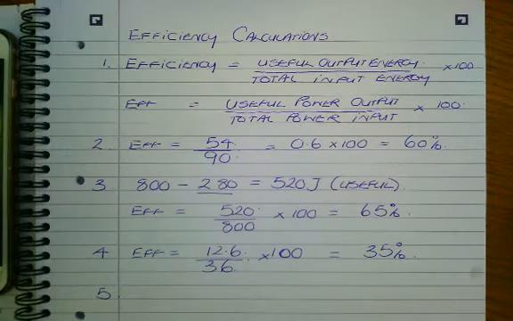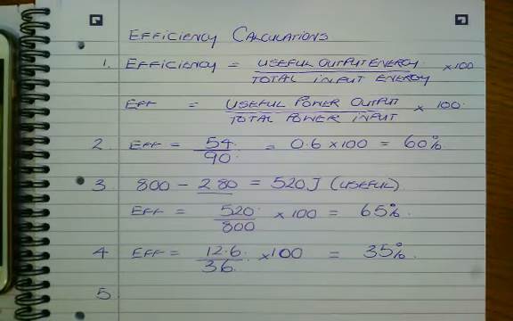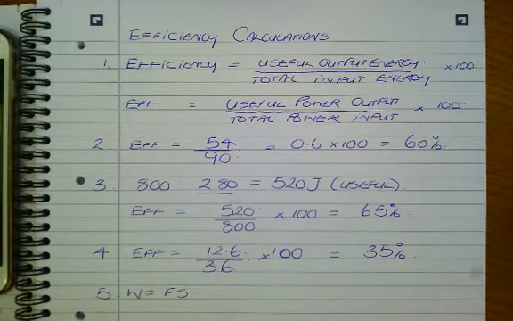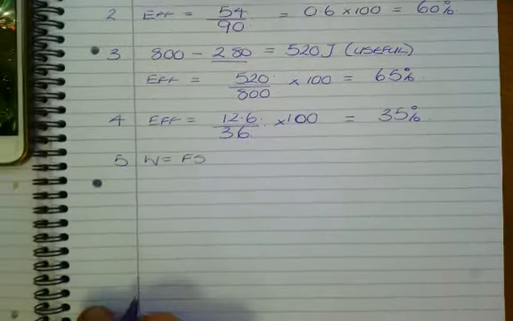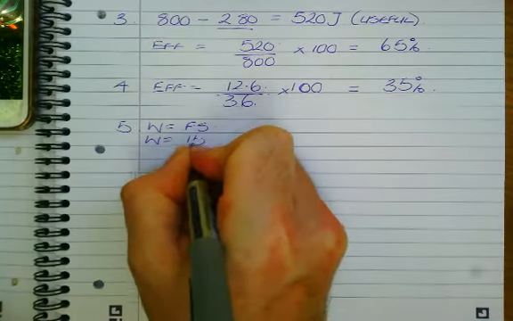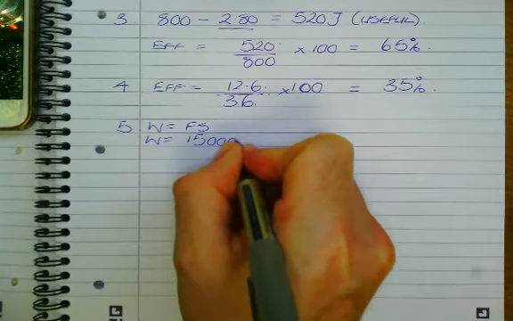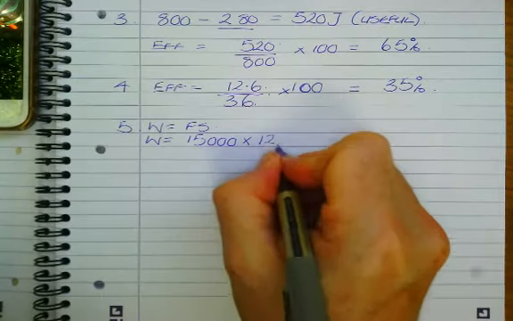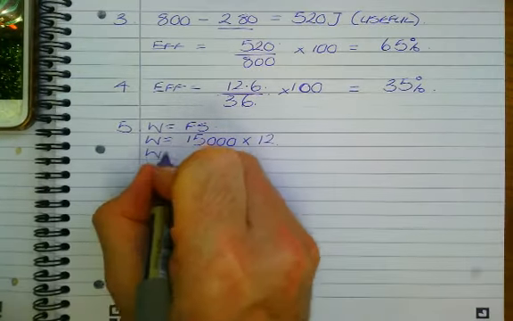Number 5, we are calculating the work done by an electrical winch that lifts a car with a weight of 15,000 newtons by 12 meters. So work done is the force times the distance. So the work is the 15,000 times the distance of 12 meters.